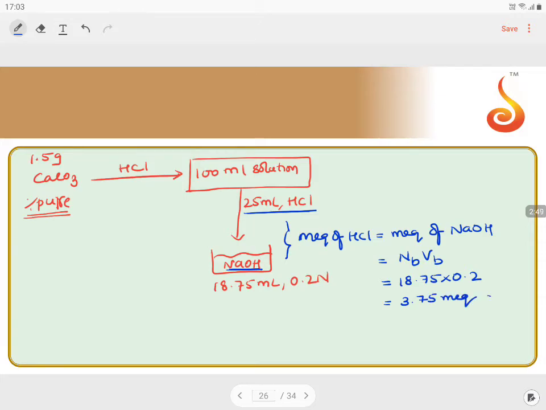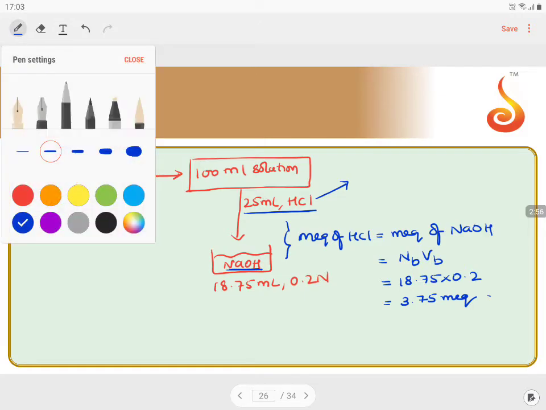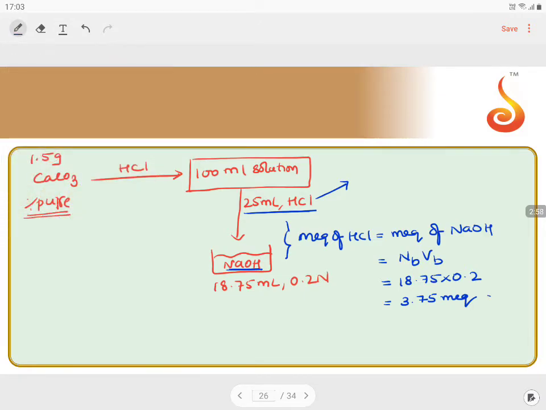This is the milliequivalents of HCl. If 3.75 milliequivalents of HCl is present in 25 ml, then for 100 ml how many milliequivalents will be present? 3.75 into 4, which is 15 milliequivalents.